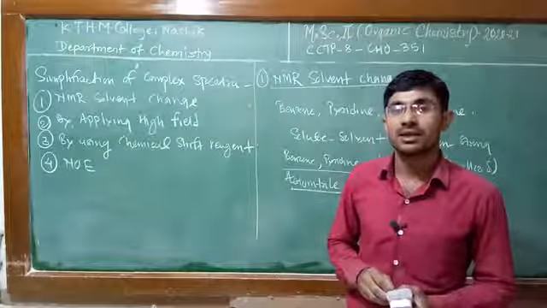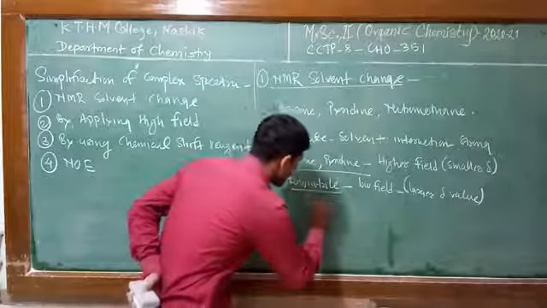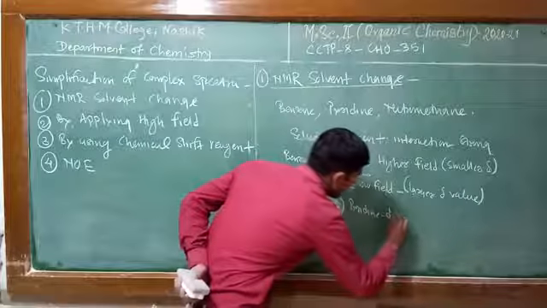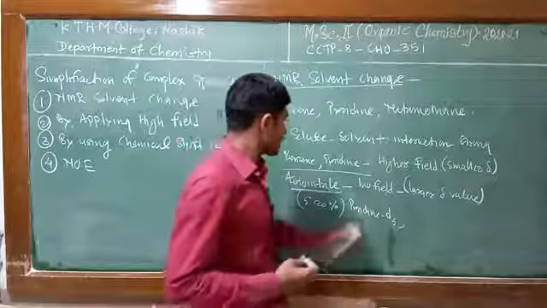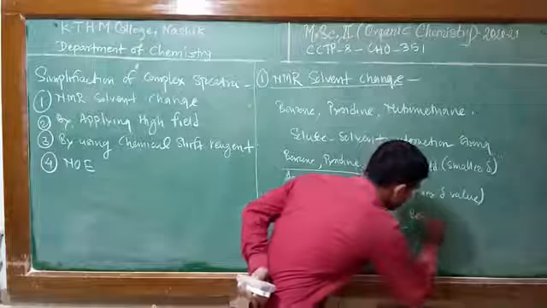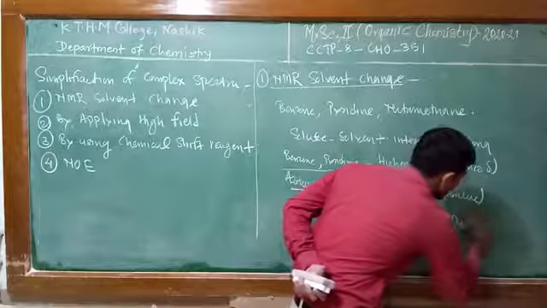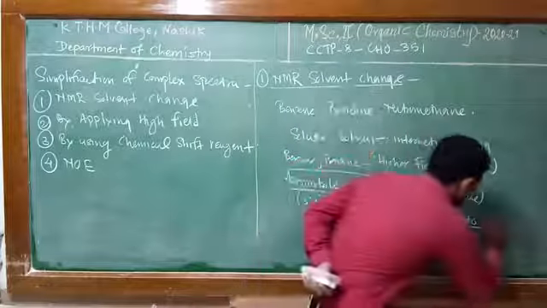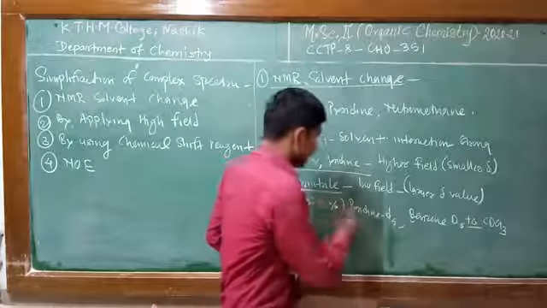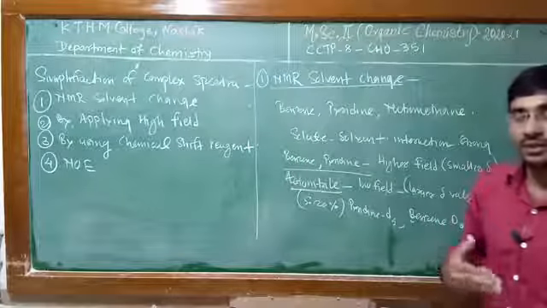Many times chemists add 5 to 10%, or 5 to 20%, deuterated pyridine D5 or benzene D6 to CDCl3, that is, to the chloroform.